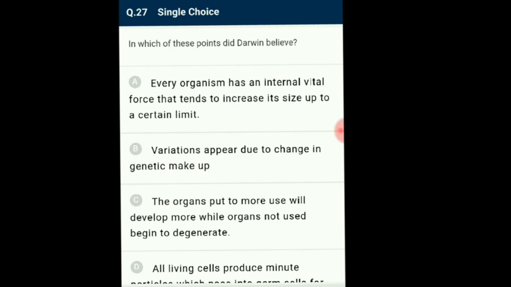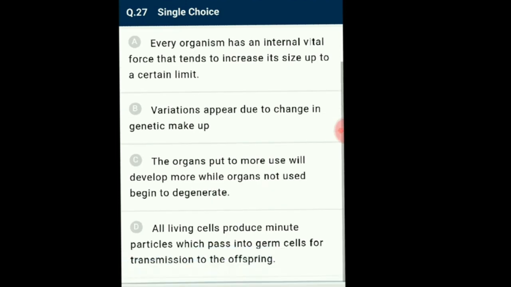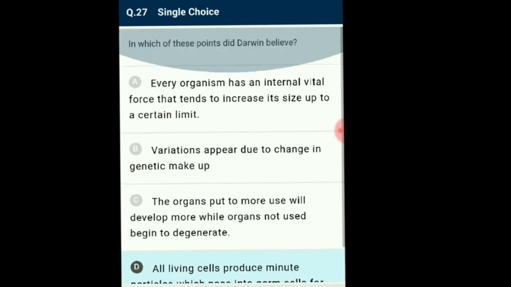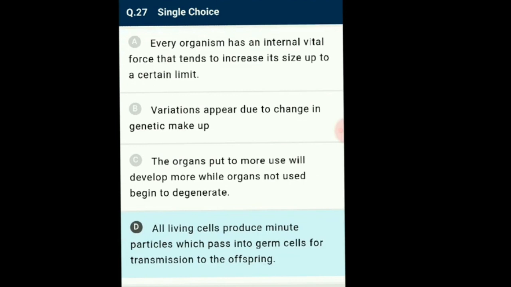Darwin proposed the theory of pangenesis, which states that all living cells produce minute particles called pangenes, which pass to germ cells for transmission to the offspring. So the answer for this question is option D. All living cells produce minute particles which pass into germ cells for transmission to the offspring. So the correct answer is option D.